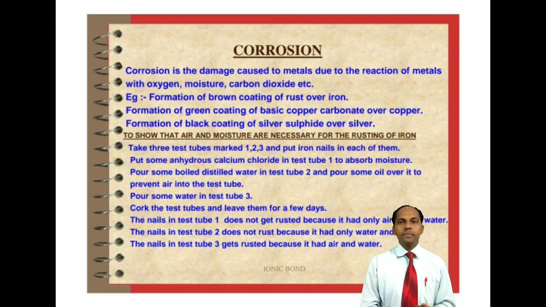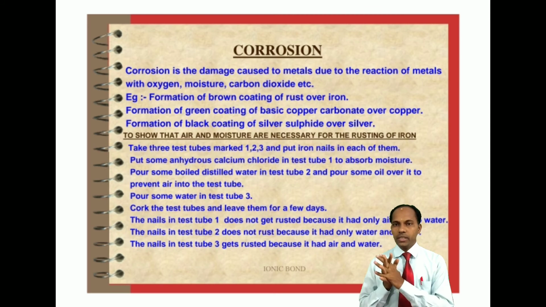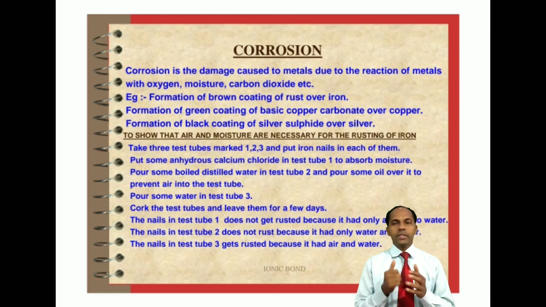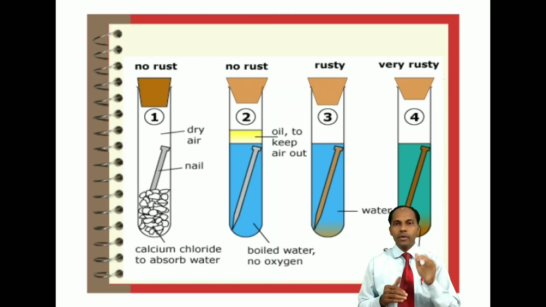And the nail in test tube 3 is rusted because it had air and water. You can see the figure here: first test tube no rust, second test tube no rust, but third test tube is rusted. And if you take a solution of sodium chloride, it will rust even more.